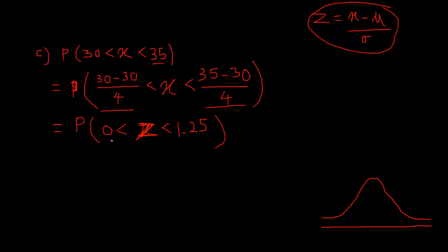So we'll get 0 less than Z less than 1.25. All right.